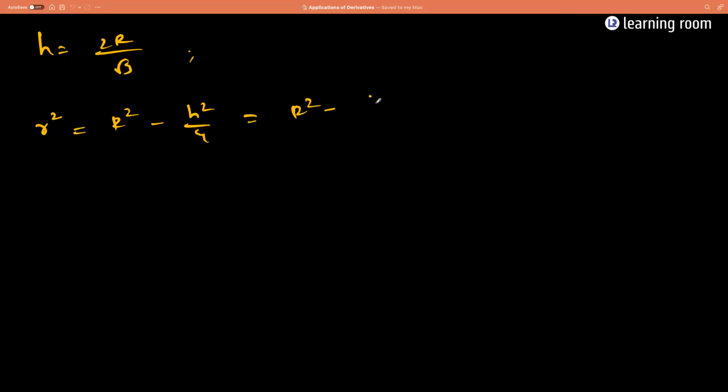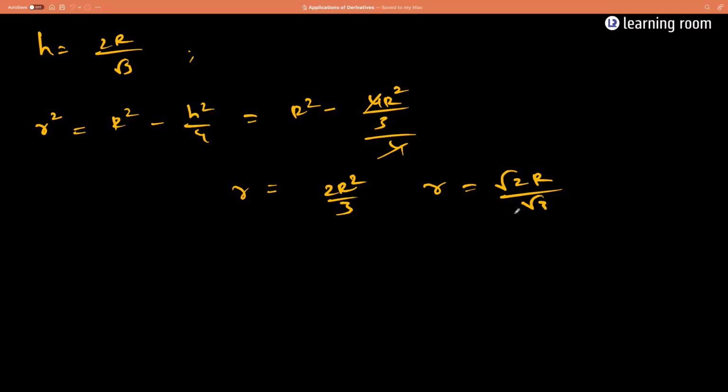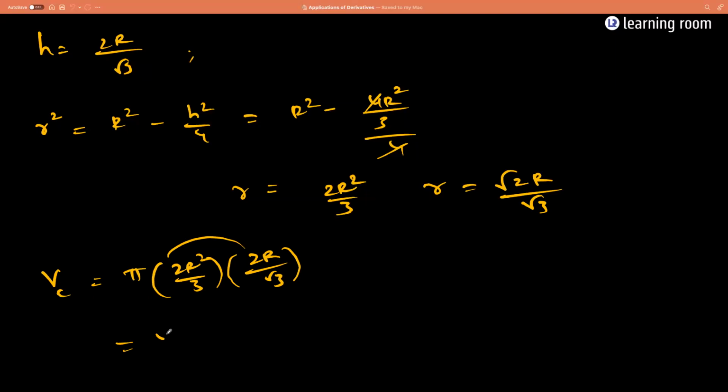So R square minus h square is 4R square by 3, divided by this 4. 4 and 4 will get cancelled. It will be 2R square by 3. So r will be root 2 into R divided by root 3. Then volume of the cylinder will be pi small r square, that is 2R square by 3, into h, which is 2R divided by root 3. So 2 into 2, 4 pi R cube divided by 3 root 3. So this is going to be the volume of the cylinder.